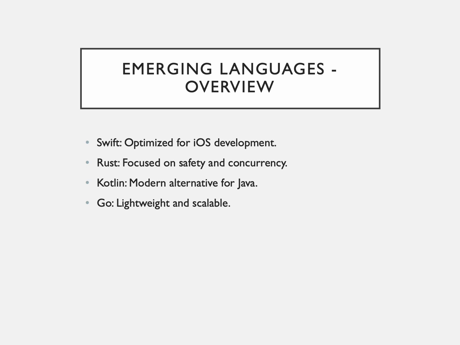Kotlin has become the preferred language for Android development, especially after Google officially endorsed it in 2017. Developers appreciate Kotlin's null safety features, which help reduce runtime errors, and its concise syntax that reduces boilerplate code.